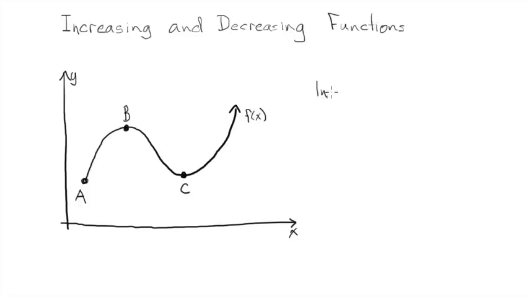So increasing from A to B. Decreasing would mean going down from left to right. So from B to C, it's decreasing.